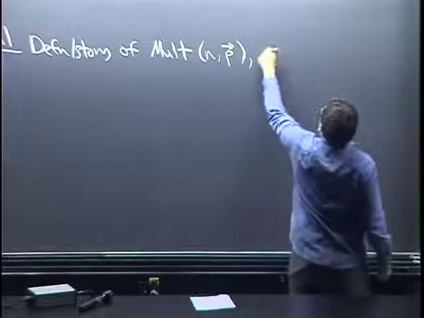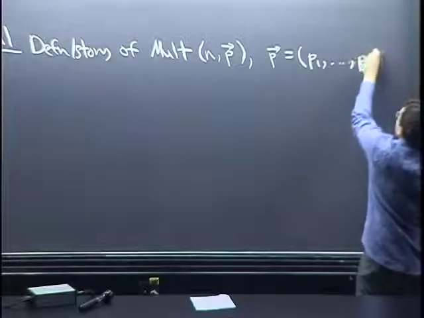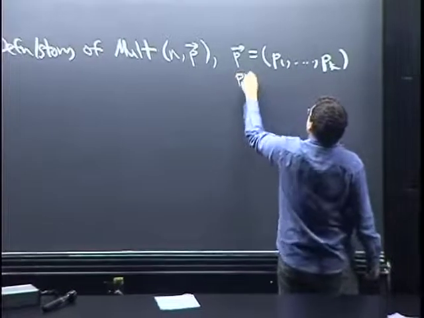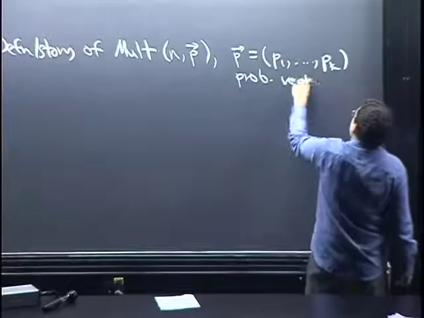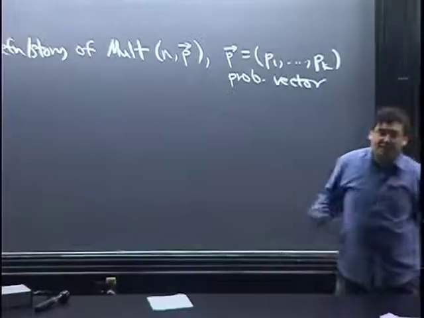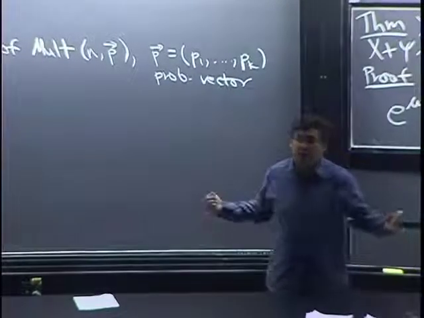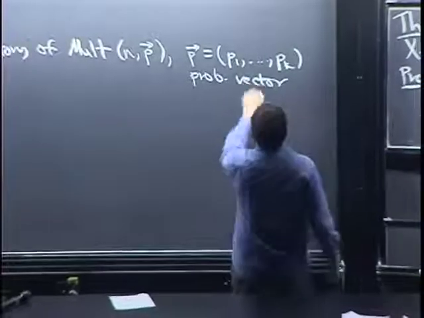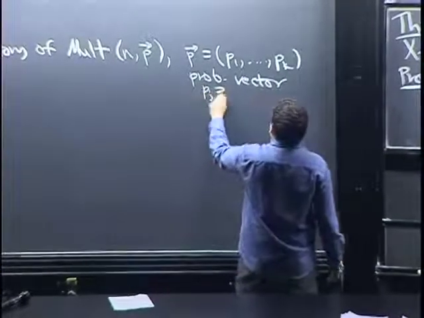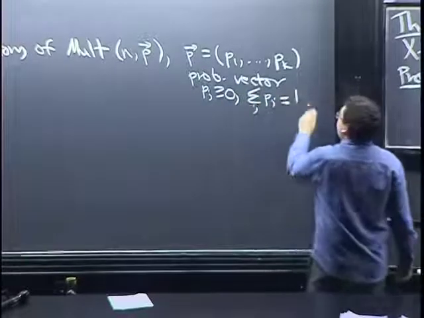So p equals a vector, let's say p1 through pk, where we assume that that's a probability vector. And by probability vector, all I mean is that these are non-negative and add up to 1, because we're going to think of them as probabilities for disjoint cases that encompass all possibilities. So we want pj greater than or equal to 0, and the sum of all the pj's equals 1.